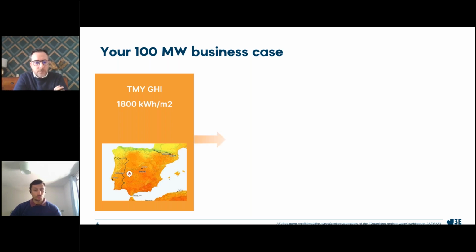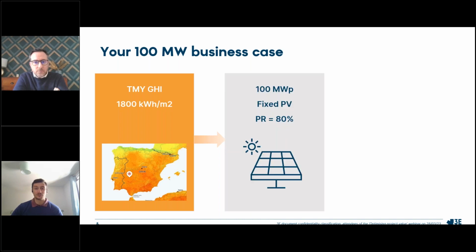So of course, most of you would know and would use, for example, PVsyst, but of course another software would work. You do the design of your system as a fixed PV system, and the PR value is set at 80%. What happens on the output?